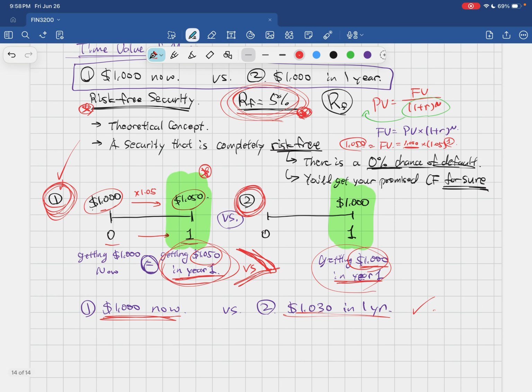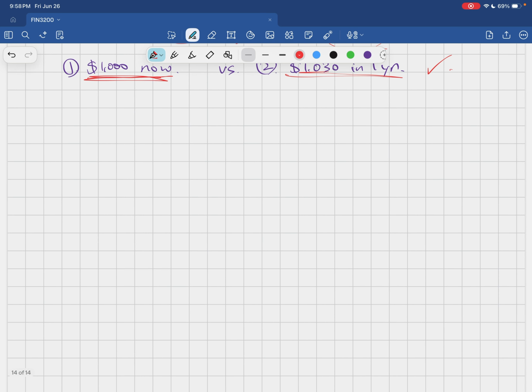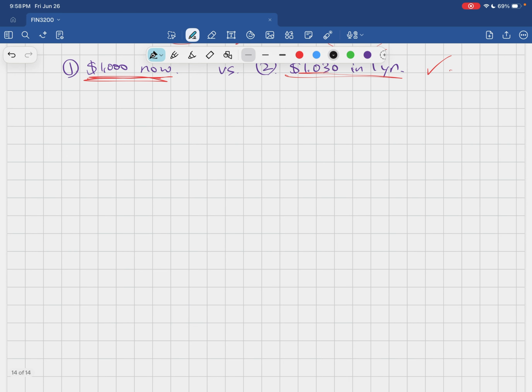To illustrate this a little bit more clearly, I'll give you other examples. You can think of the time value of money as a unit conversion tool. We convert units all the time.